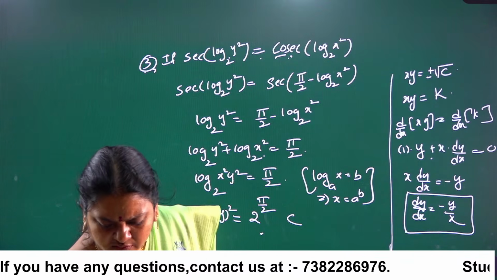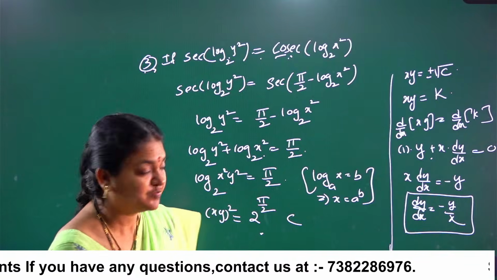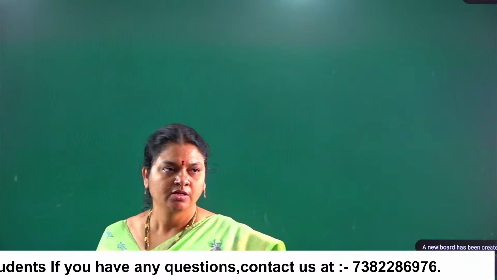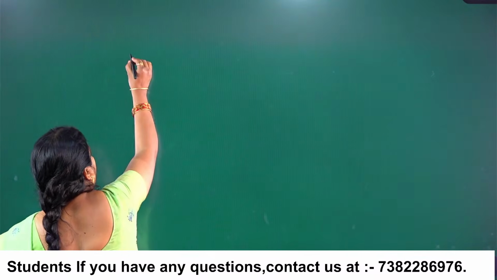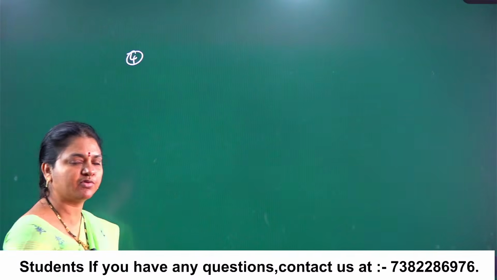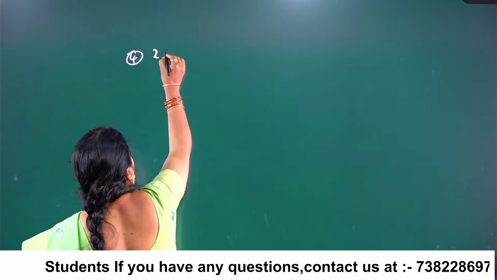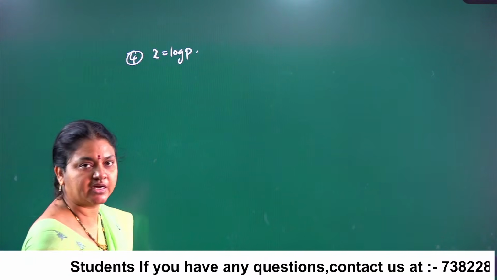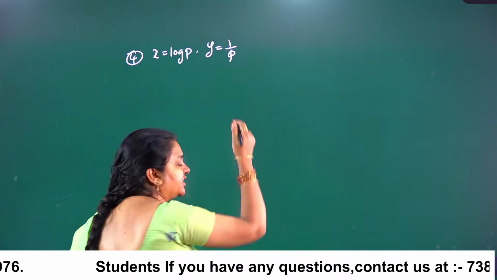Question number, maybe it is 4, okay, I am writing 4. x is equal to log p and y is equal to 1 by p. Find dy by dx.